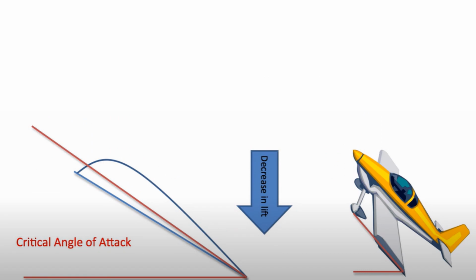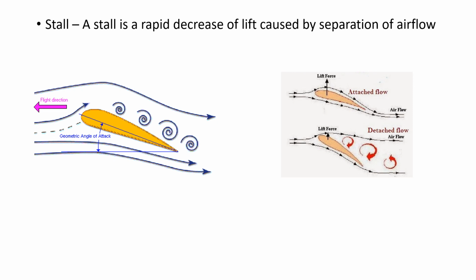However, when the angle of attack is increased beyond the maximum allowed, the lift is decreased. This causes what we call a stall. As we mentioned earlier, a stall is the result of a critical angle of attack.